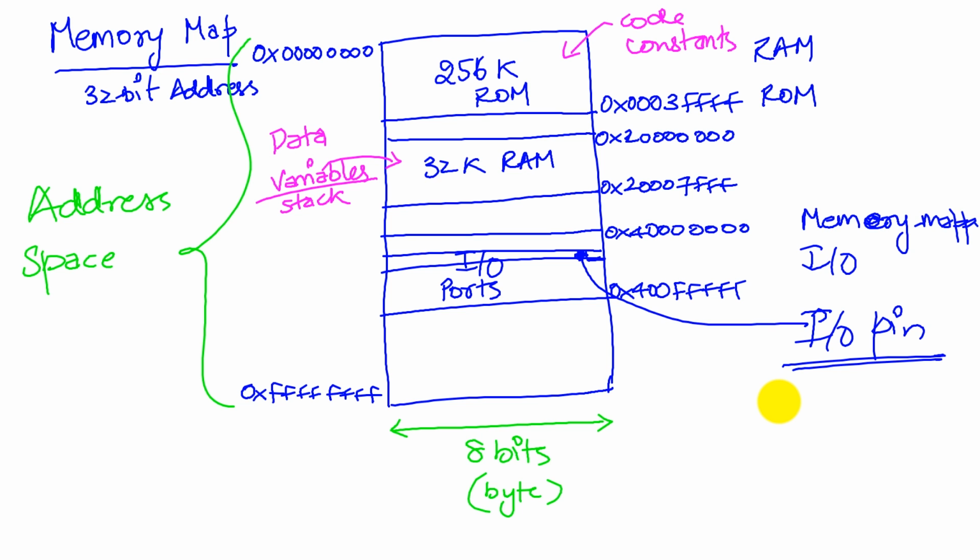Now there is some other I/O. Some of these locations have other information, not all of them refer to pins. So in general, these locations will refer to device registers.